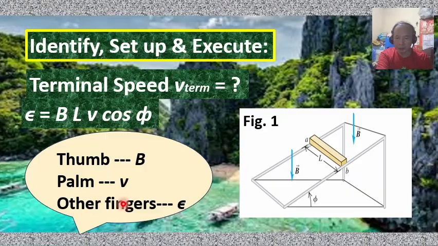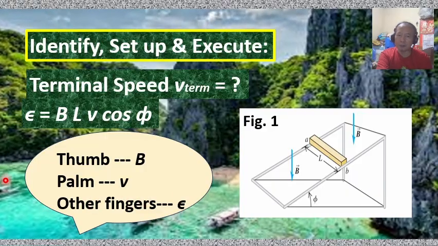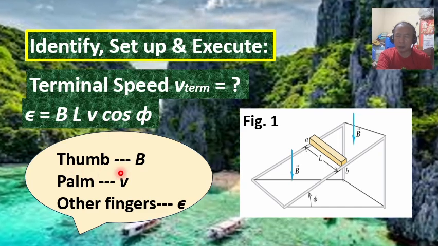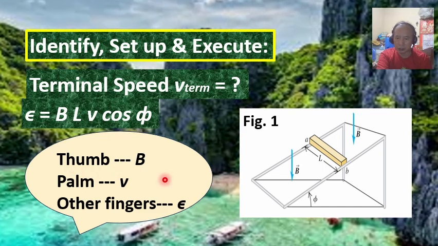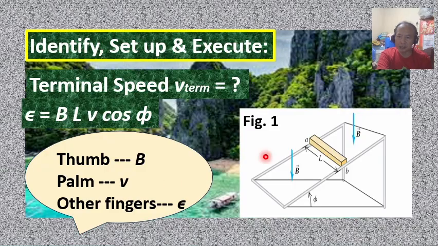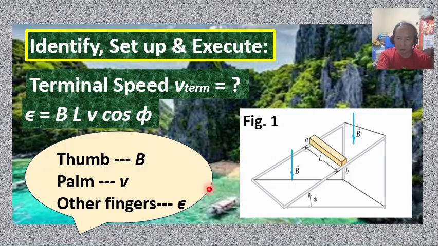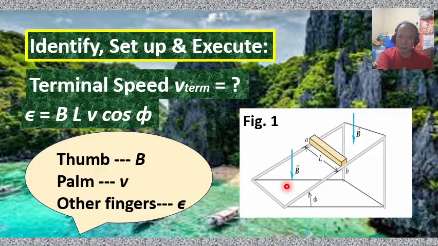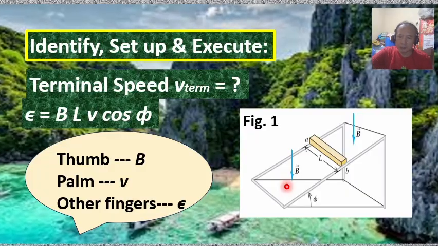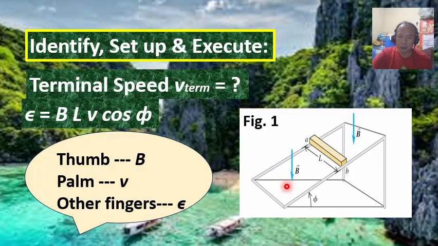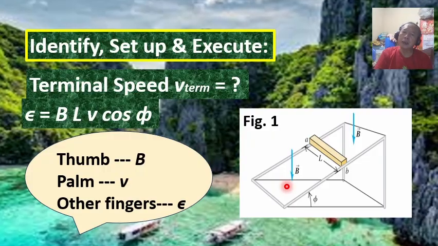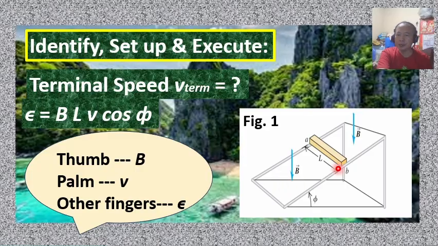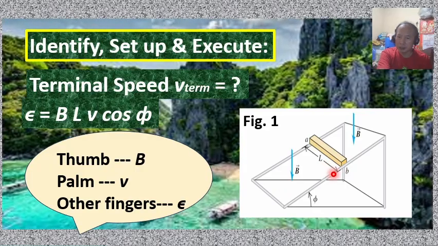when the right palm is facing towards the direction of the terminal velocity of the bar, which in this case is down the incline. So you have to do it. Your thumb is pointing vertically downwards, while your palm must be facing in the direction of the terminal velocity, which is down the incline.